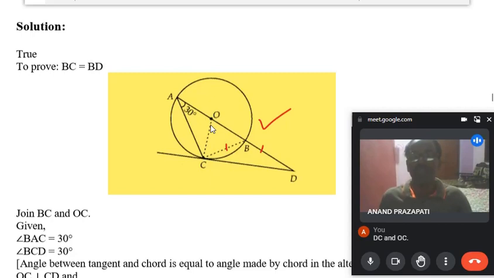OC is the radius of the circle. OA is also the radius of the circle. So the radius of the same circle is the same. Therefore, this angle will be 30 degrees. Hope that there is no problem to understand this step.